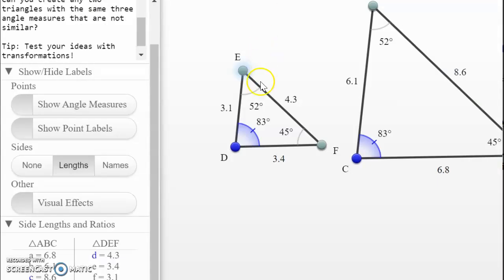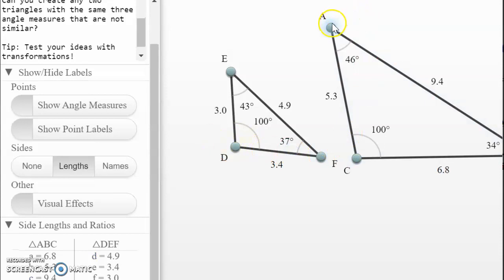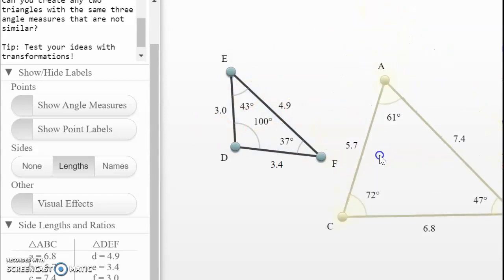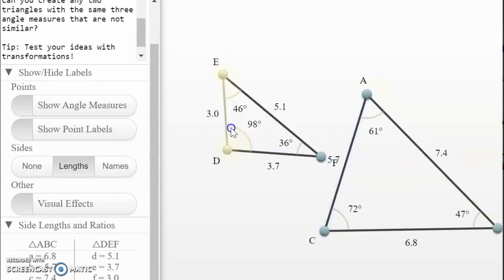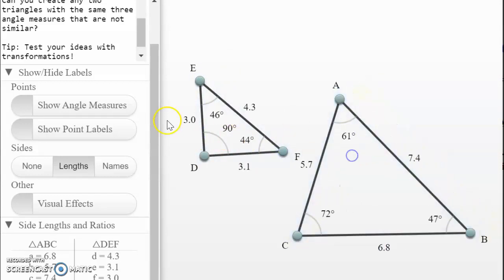We are looking at what if you have a pair of angles that are the same. Okay, so I shouldn't have locked. Let me undo things. Let's assume that you have triangles that look like this, and you can manipulate this. Now we just want one pair of angles to be the same.